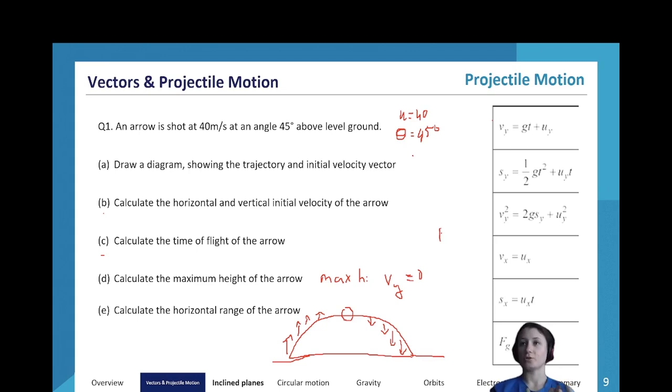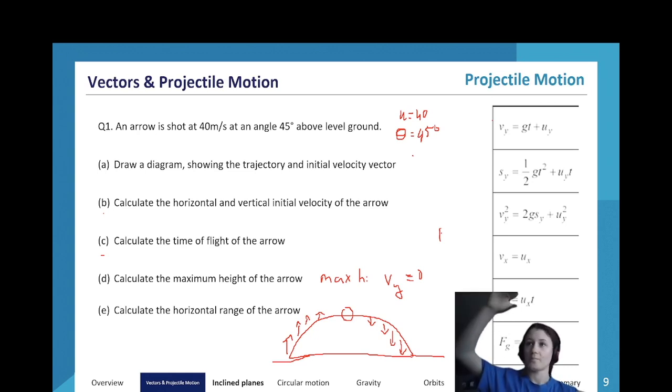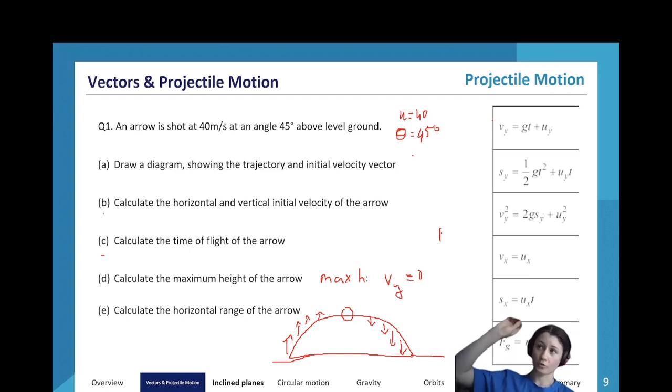To think about it intuitively, imagine throwing a ball straight upwards above you. You watch it rise, up and up, and then for just an instant at the top, it stays still, and then it comes back down. Right at that instant where it's staying still at the top, the velocity in the y direction is equal to 0, because it's turning around.